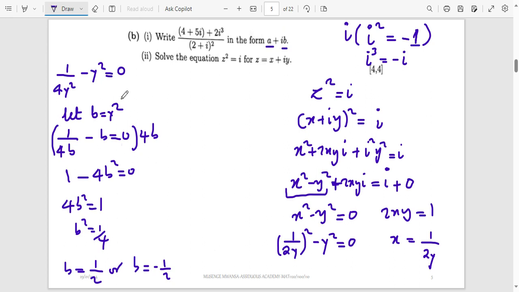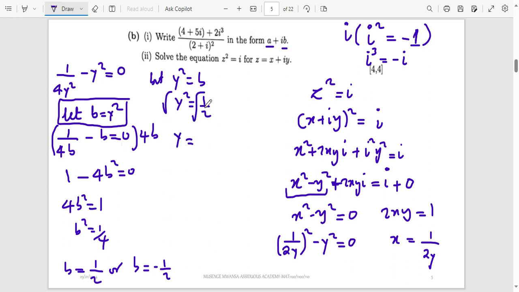But our aim is not finding the value for b. Our aim was to find the value for y. So we'll come back here. But y squared is equal to b. So y squared is going to be equal to, where there is b, I'll put 1 over 2. I need to find the value of y, so I need to square root both sides. So y will be square root of 1 is 1. Square root of 2 is just square root of 2.